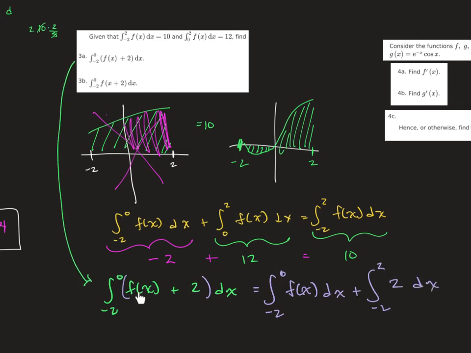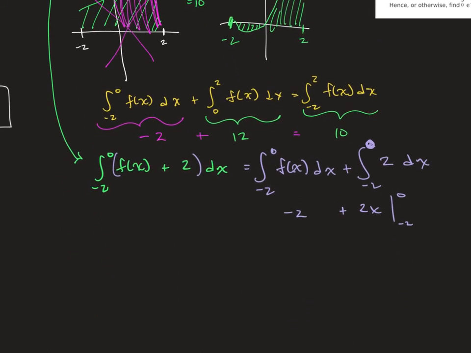Just like if this was x plus 2, you could take the antiderivative of x and the antiderivative of 2. Well, this one we happen to know is negative 2. And this would just be 2x, which we would evaluate from negative 2 to 0. And we're going to add those together.